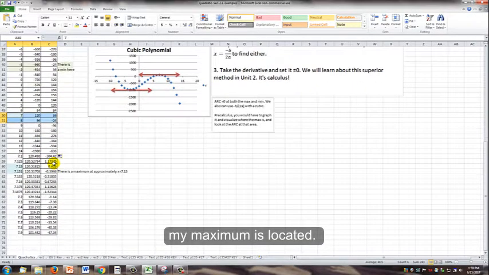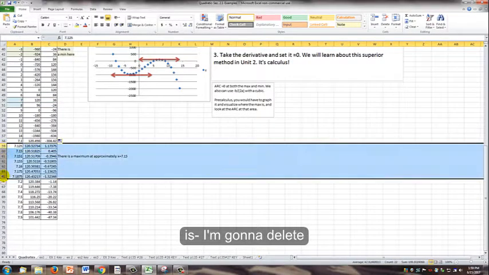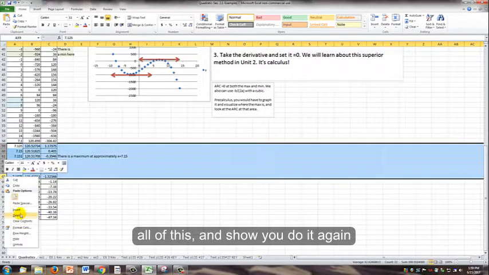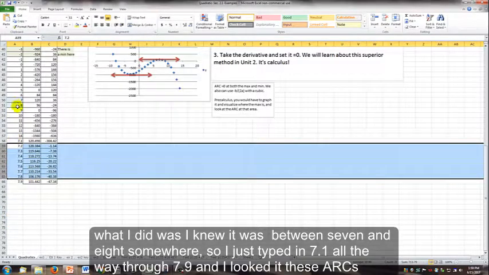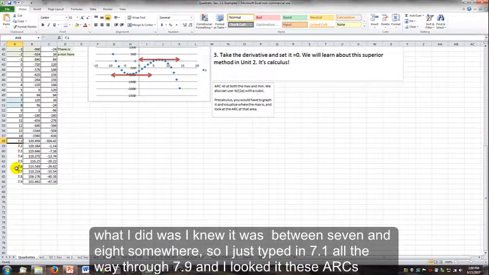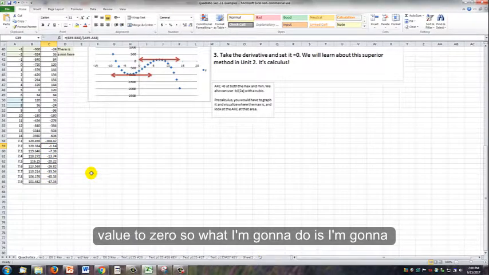located. Okay, then this takes a while, but what I did is, and I'm going to delete all of this and show you how to do it again. What I did was I knew it was between 7 and 8 somewhere, so I just typed in 7.1 all the way through 7.9, and I looked at these arcs, and they're all negative, but at 7.2, that's where I have my closest value to 0.